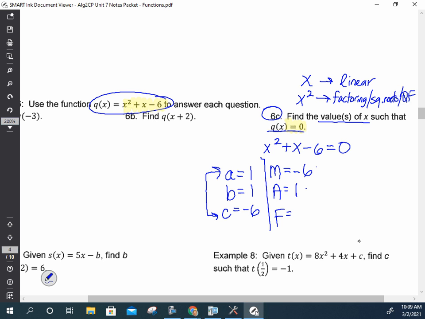Anyone else got 3 times negative 2? Yeah, I can agree with those. 3 times negative 2 is negative 6. 3 plus negative 2 is 1. So those are valid.